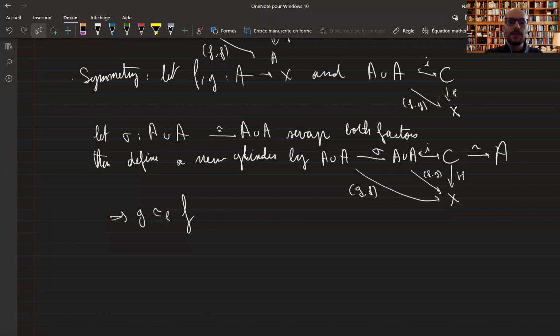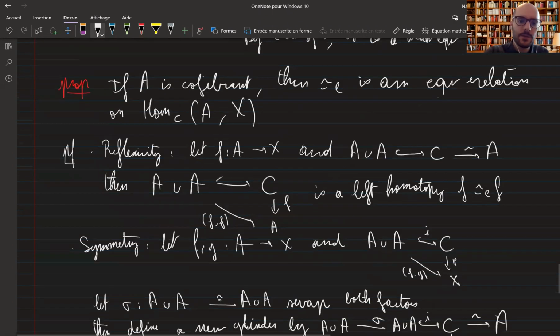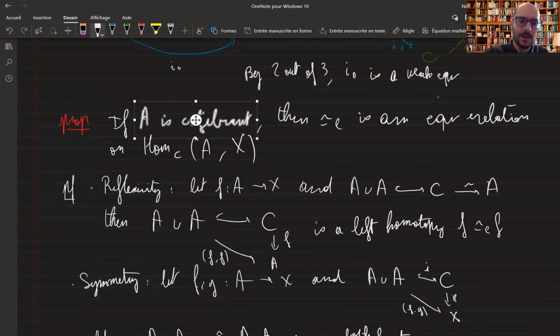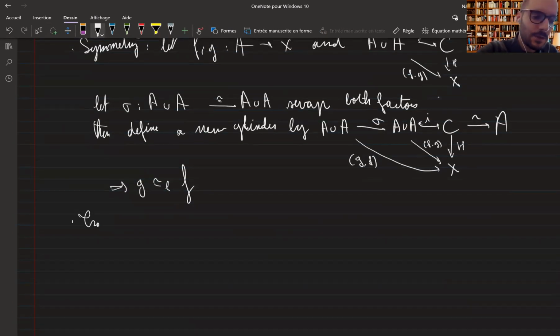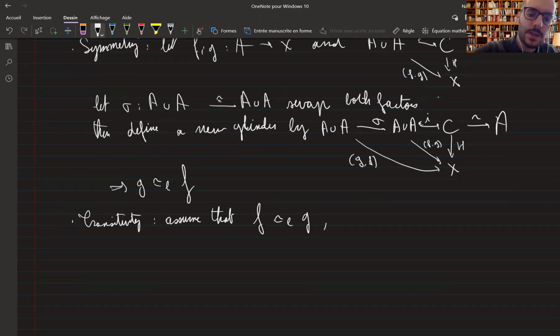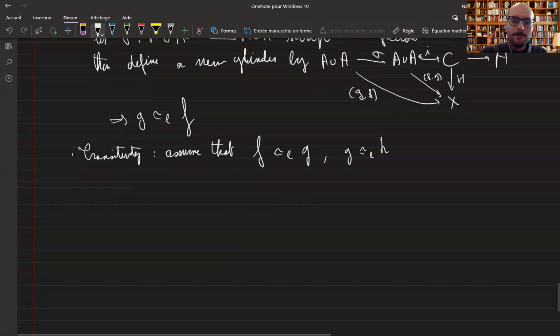And so now to conclude, we need to check transitivity. This is the most difficult part, and this is where you need to use the fact that A is cofibrant, because so far I haven't used it. So transitivity: assume that F is left homotopic to G and G is left homotopic to H. Hopefully we try not to confuse this H with a homotopy.